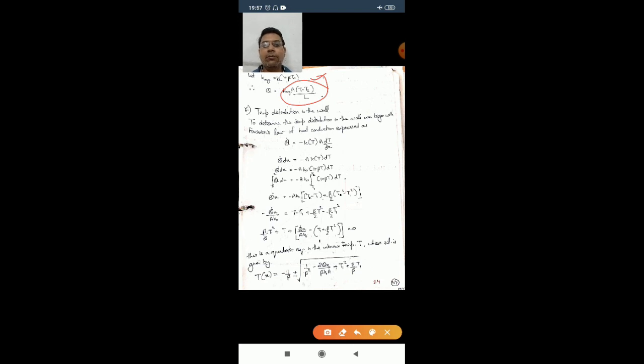Now moving towards the next part, temperature distribution in the wall. So students, what does this mean? This means how the temperature varies along the wall. Since you are aware that the wall has some thickness, and temperature does not vary along a straight line, but it follows some path, and that path is determined here.